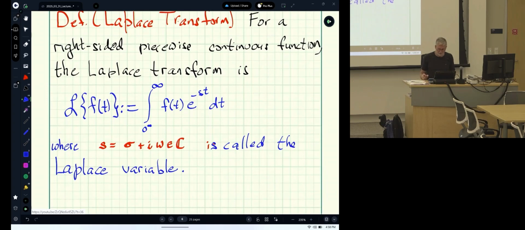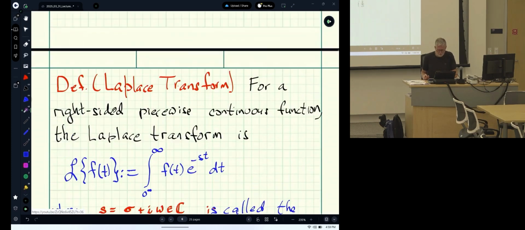Okay, so where things get a little bit sticky when you're first learning this is 0 minus, really? Right-sided functions?